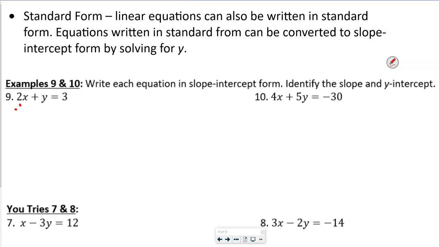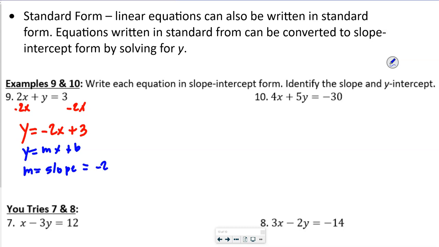So I'm going to subtract 2x from both sides here. So that's going to give me y is equal to negative 2x plus 3. Now, if it asks us to pull the slope, we can do that, right? Because our equation is y is equal to mx plus b, right? So what is m? M equals our slope, which in this case equals negative 2.